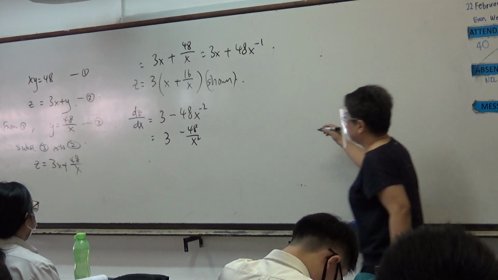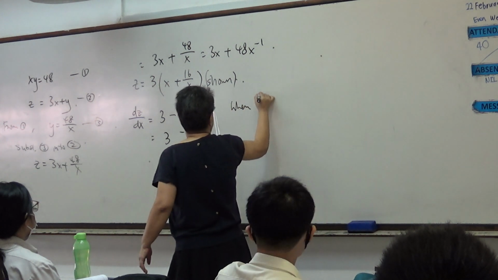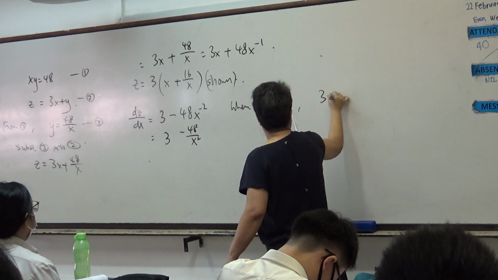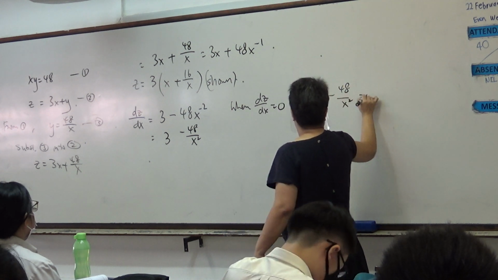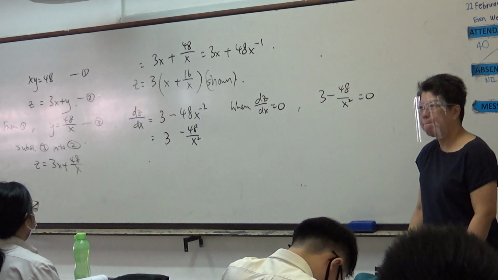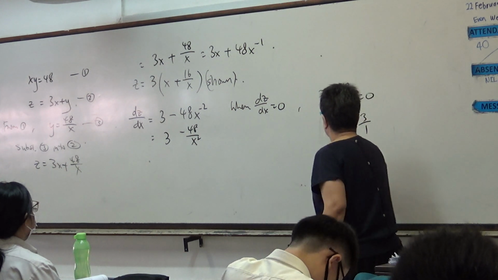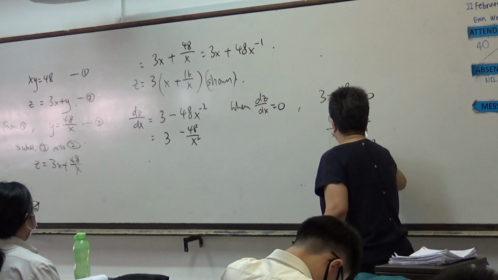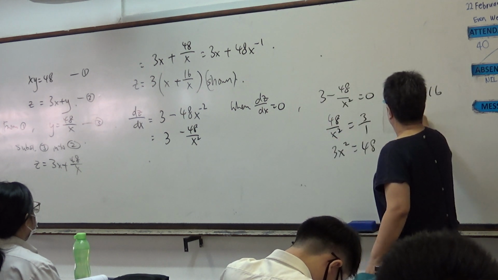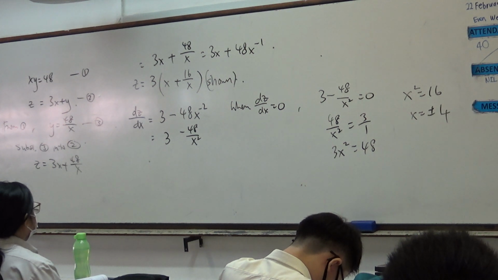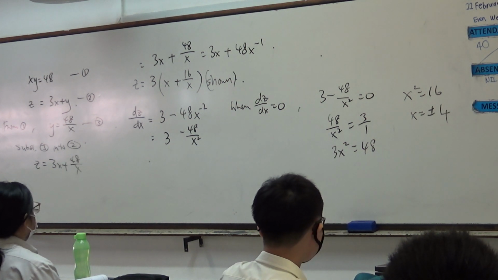Now, when dz/dx is 0, I will have the equation. I will reject one of them. Why?